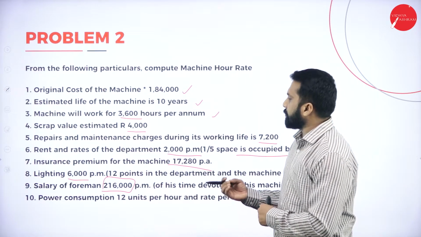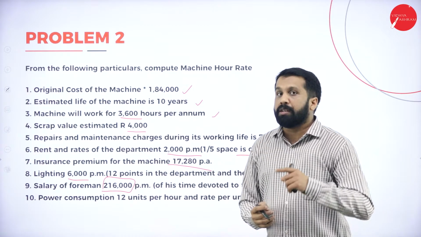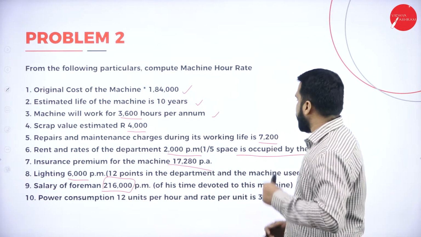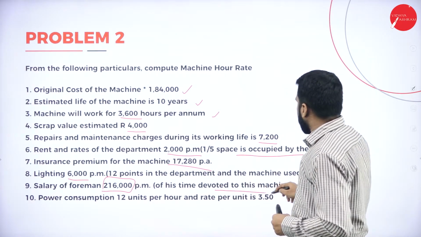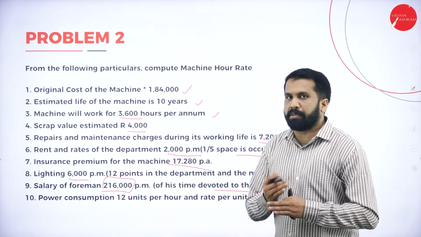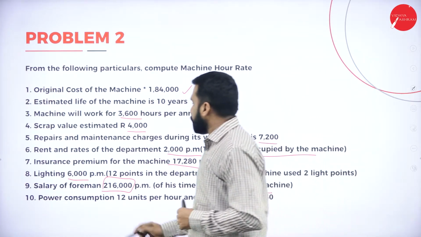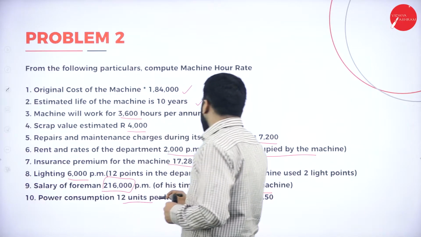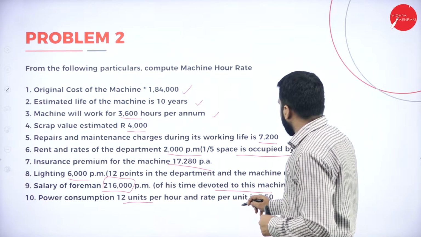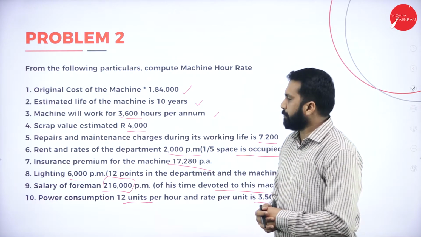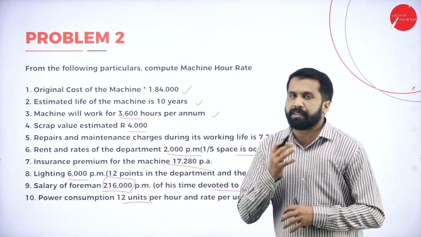What you are supposed to do? You are supposed to multiply by his time devoted to this machine. I'll show you how much time he devoted. And power consumption 12 units per hour and rate per unit is 3.5.